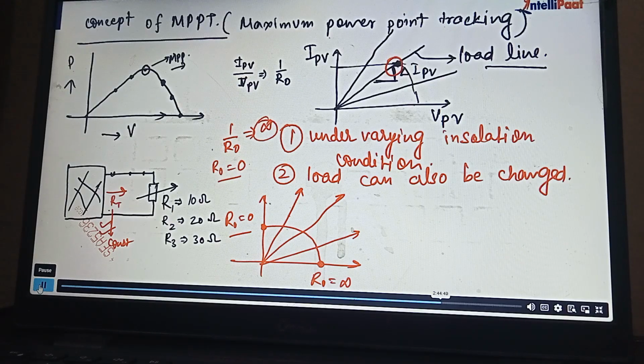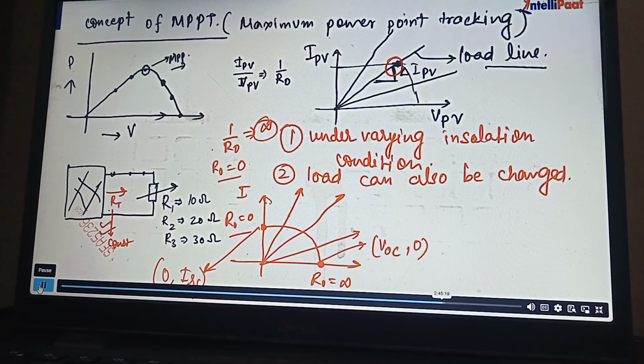The coordinates of this point would be x-axis value VOC and y-axis value 0. The coordinates of this other point would be 0 voltage on the x-axis, and we have ISC on the y-axis.